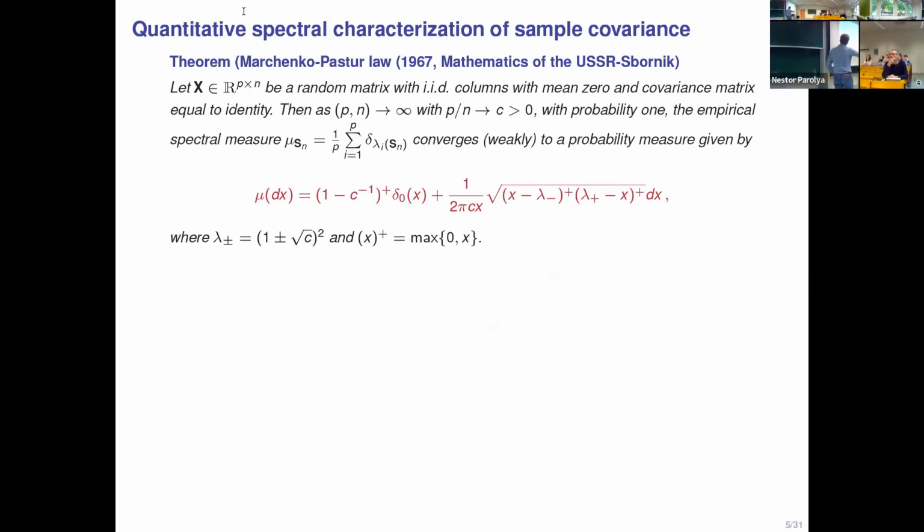If you take the spectral measure, which is basically the cumulative distribution function of the eigenvalues of the sample covariance, you can show that it converges almost surely to this density, which has a discrete part and a continuous part, because depending on whether p is greater or smaller than n, you will have different situations. This density is called the Marchenko-Pastur density. Lambda plus is the largest eigenvalue, lambda minus is the smallest eigenvalue.